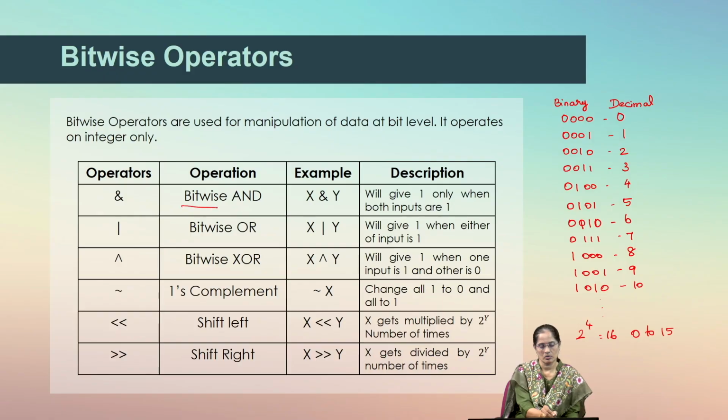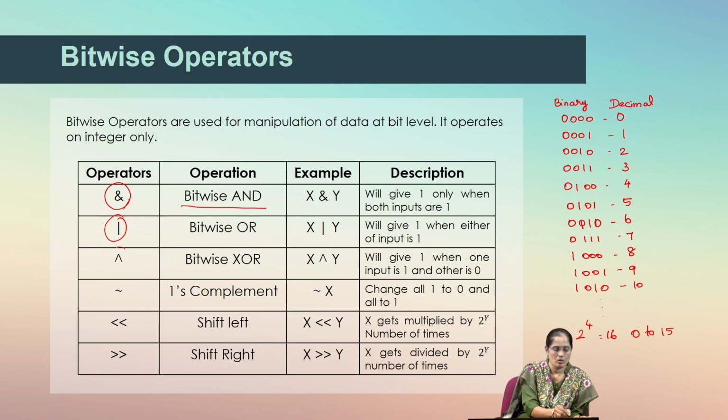So, bitwise AND, which is represented with the ampersand symbol, is used to perform the AND operation bitwise. It means that only if both the inputs or both the binary values are 1, the result will be 1. In case of bitwise OR operation, if either one of the bits is 1, the output will be 1, or otherwise it is 0.